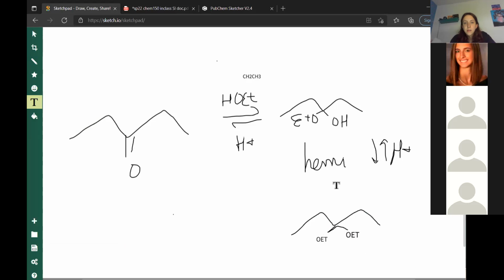Does that make sense? So again, when you're doing acetals, especially ones where you're given an alcohol, those should be the easier ones that you're getting. Remember to always drop this hydrogen here. Common and easy mistake.